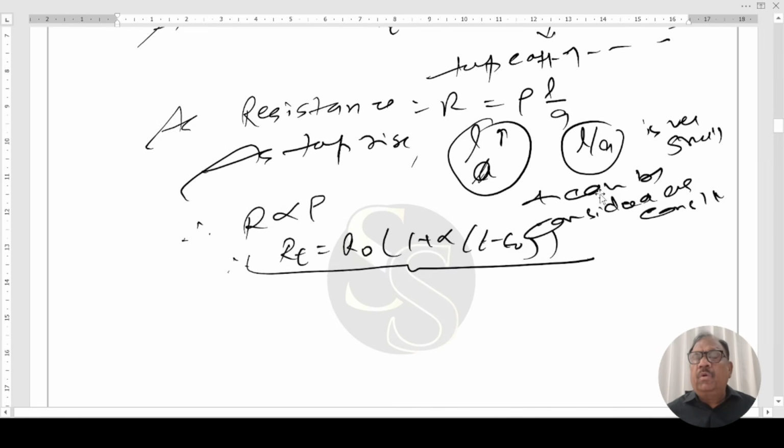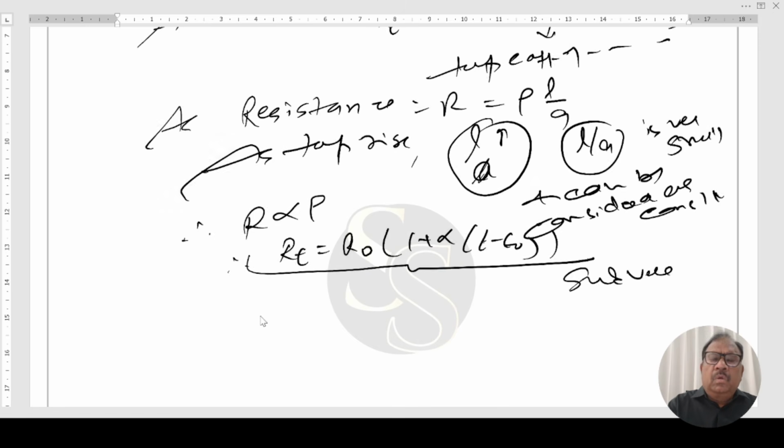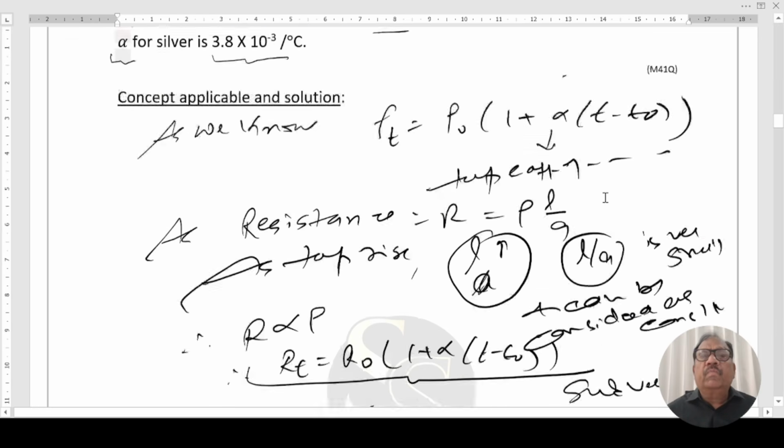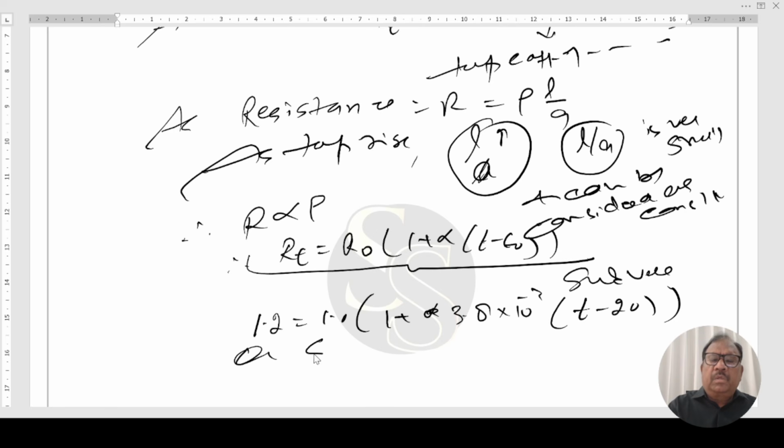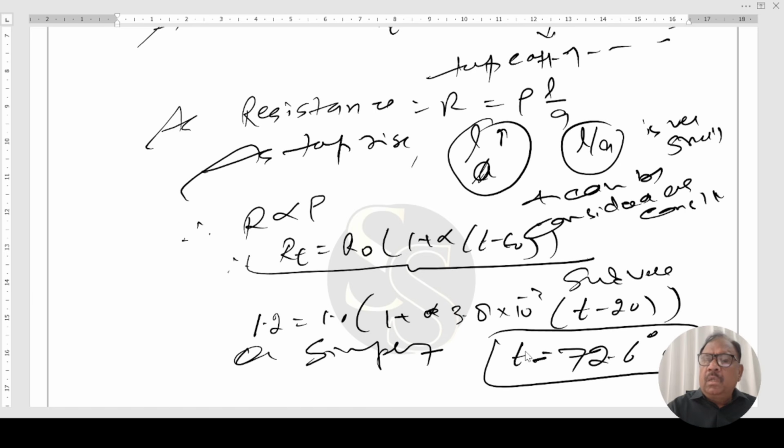Now, substituting the values: 1.2 equals 1.0 into 1 plus alpha, where alpha is 3.8 into 10 to the minus 3, into T minus 20. On simplification, we get T equal to 72.6 degrees centigrade. This is the answer.